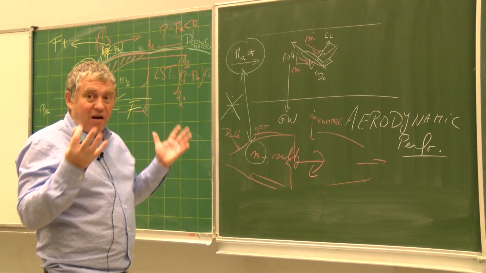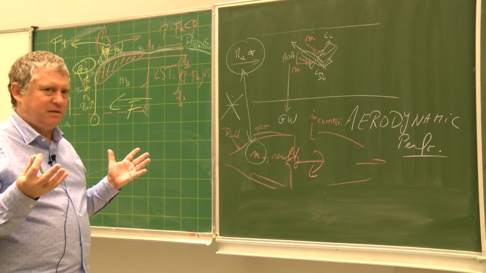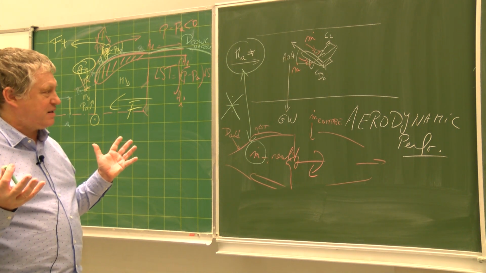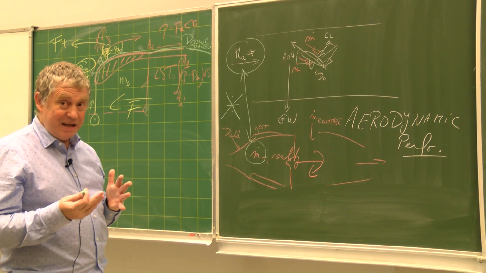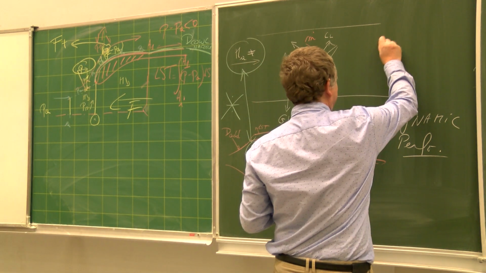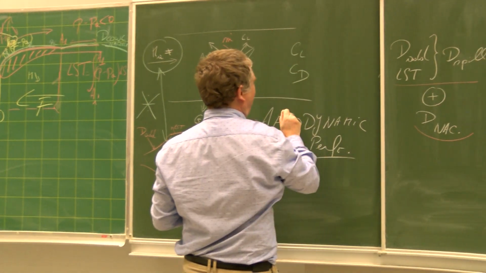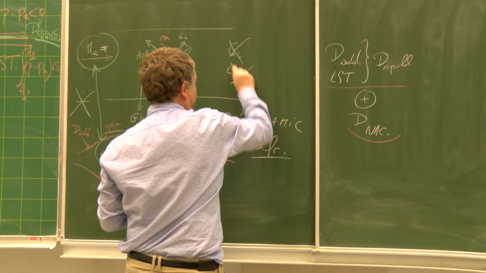How are you solving a problem like that? This is a very good question. And if you are not solving that in an adequate way, the CL and the CD that you will obtain will be wrong.